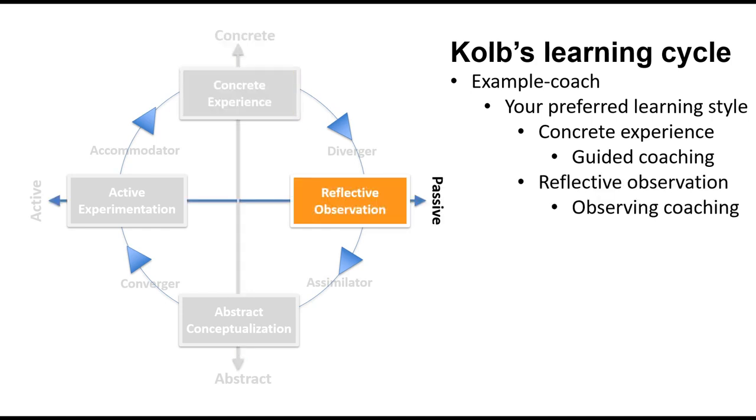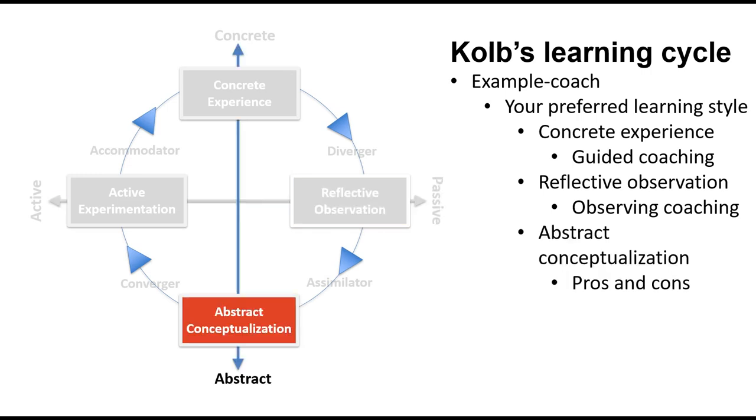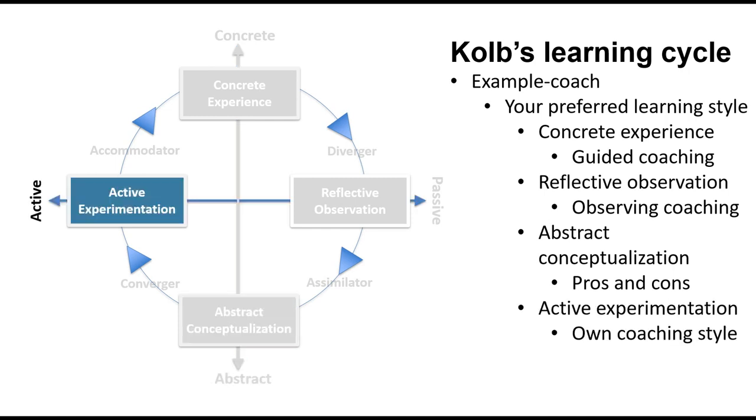Reflective observation: observing how other people coach. Abstract conceptualisation: reading articles to find out the pros and cons of different methods. Active experimentation: using your people skills with what you have learned to achieve your coaching style.